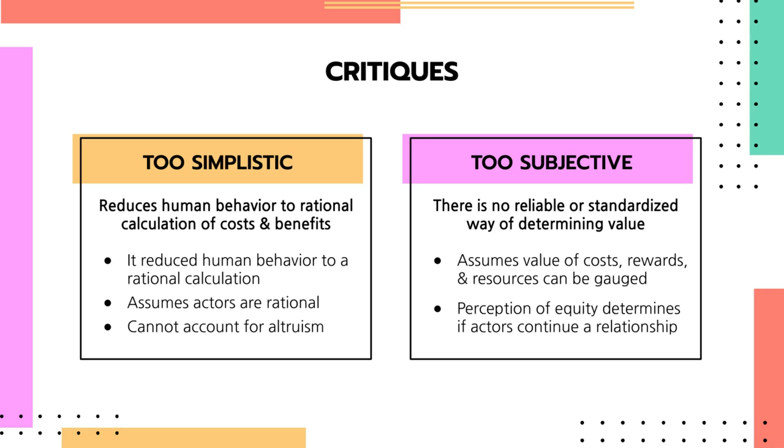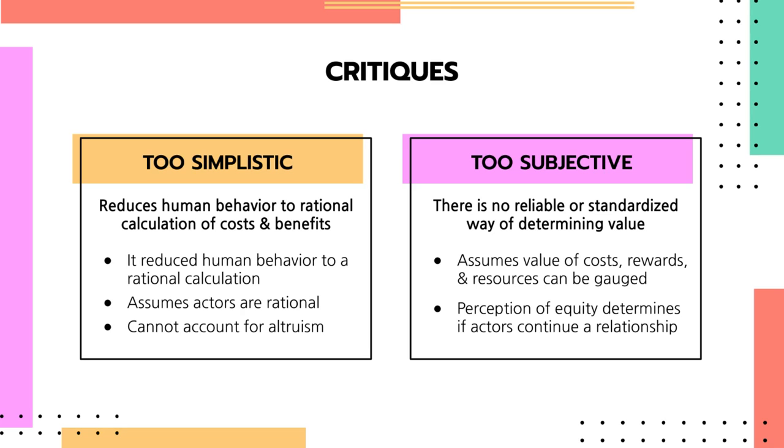So they think that it's very reductionist, it reduces us to just these human calculators who have no capacity for selflessness. It also assumes that we're incredibly rational, which, as we've discussed in the past, may or may not be the case. So it very much depends on the conceptualization of the actor. Is the actor rational or not?